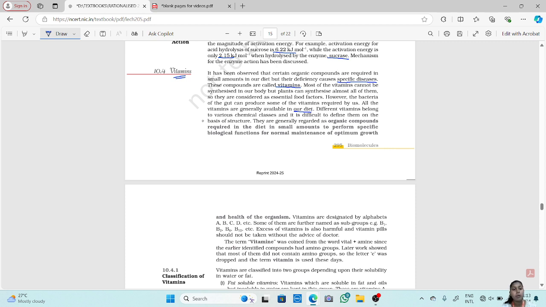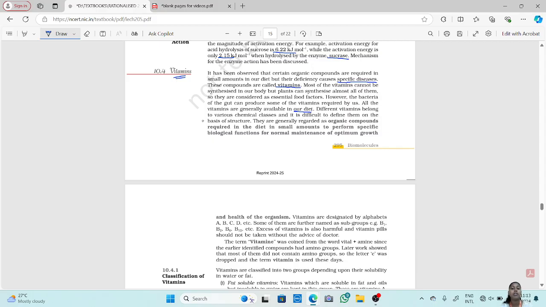Different vitamins belong to various chemical classes, and it is difficult to define them on the basis of structure. They don't belong under one category, they belong under various categories.